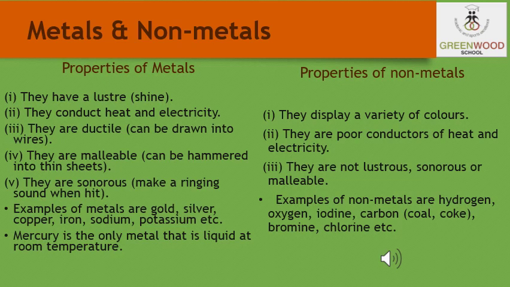A non-metal is an element that is neither malleable nor ductile and does not conduct heat and electricity. They display a variety of colors. For example, hydrogen, oxygen, iodine, carbon, bromine, chlorine, etc. Bromine is the only non-metallic element that exists in the liquid state at the normal conditions of temperature and pressure.